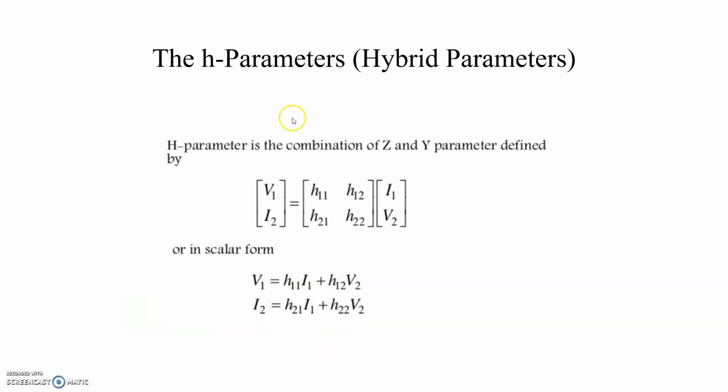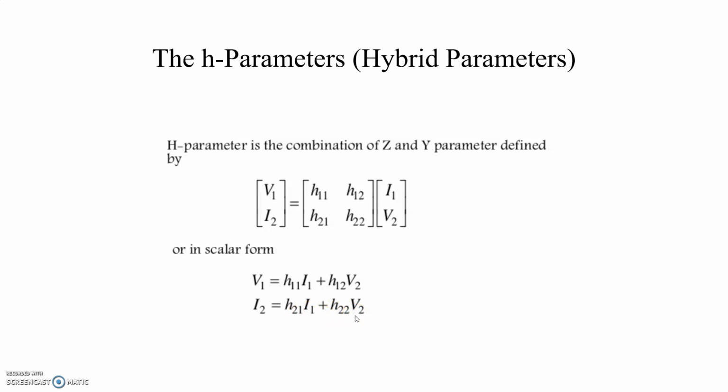Next, these are the H parameters or hybrid parameters. This is a combination of Z and Y parameters. This is the general matrix form. In scalar form, V1 is equal to H11 I1 plus H12 V2, and I2 is equal to H21 I1 plus H22 V2.